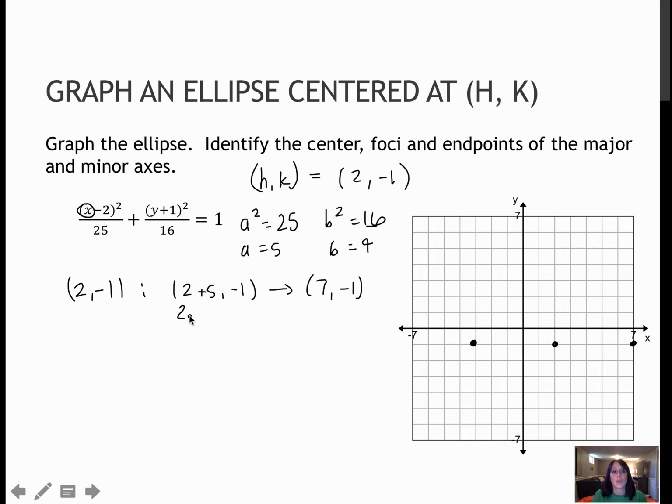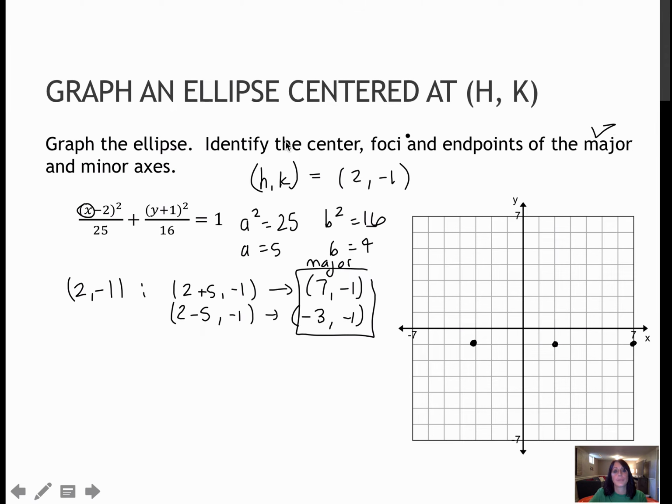And then let's take 2 minus 5, -1, which is -3, -1. So you can do it algebraically, or you can plot the 2 points and then just determine where those points are. So these are the endpoints of the major axis.